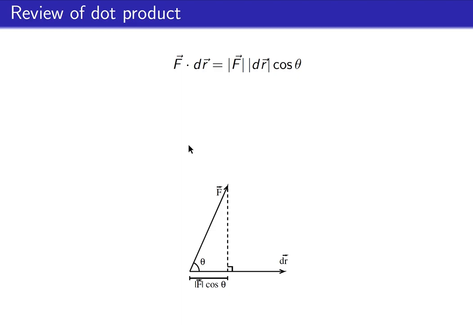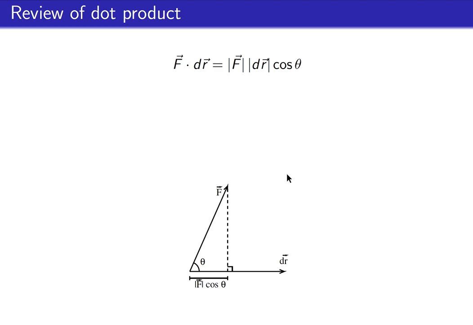In other words, what I should do is look at this distance. What is this distance? One way to imagine this is a light source right above, making a shadow here. This shadow is going to be this length, times dr. If you recall, this is what's called the scalar projection, or the scalar component of F in the dr direction.